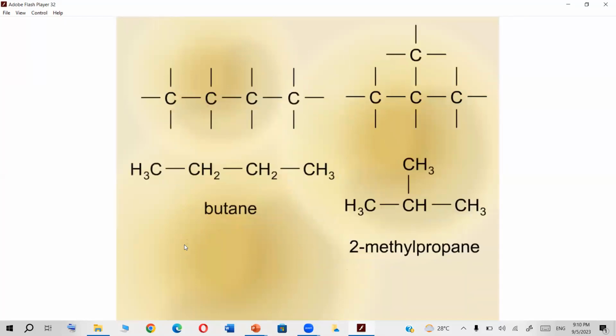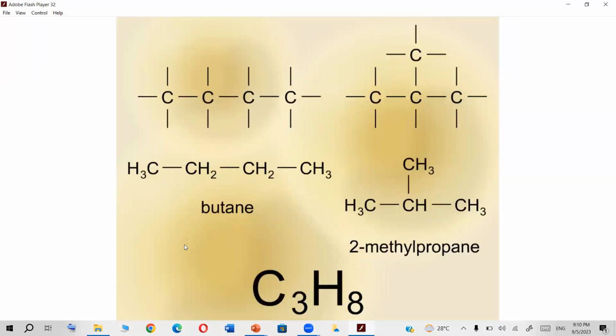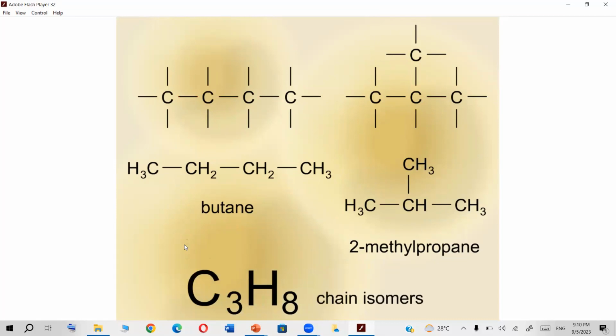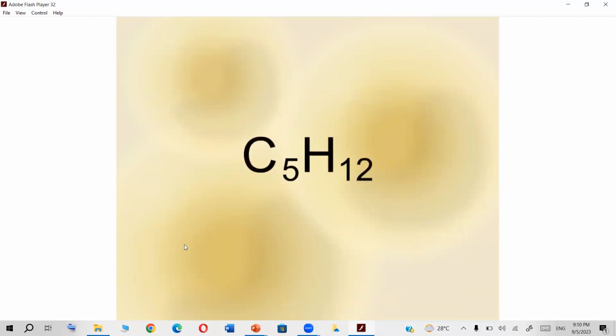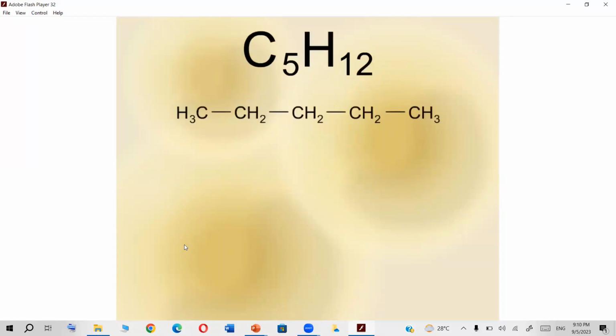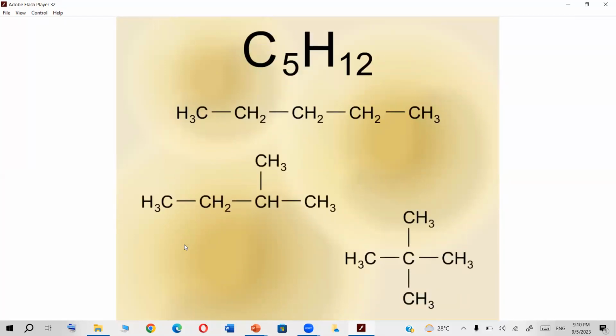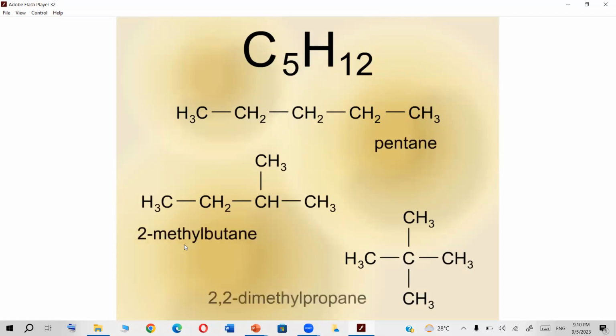The two compounds have the same molecular formula but differ in the way the carbon atoms are linked together by single bonds. This type of structural isomerism is called chain isomerism. With 5 carbon atoms, 3 structures are possible, 1 linear and 2 branched. Therefore, there are 3 chain isomers of the alkane containing 5 carbon atoms: pentane, 2-methylbutane, and 2,2-dimethylpropane.